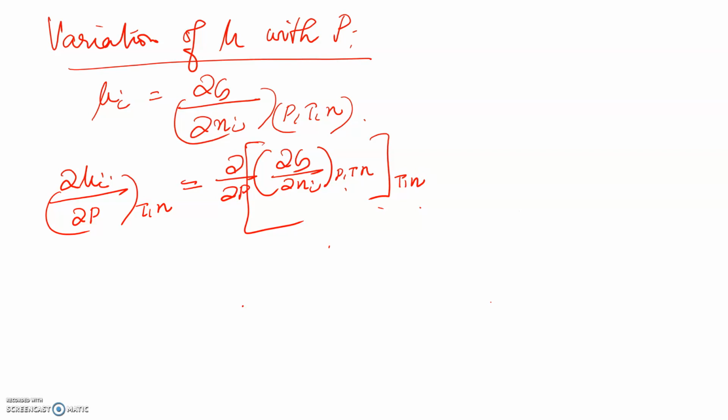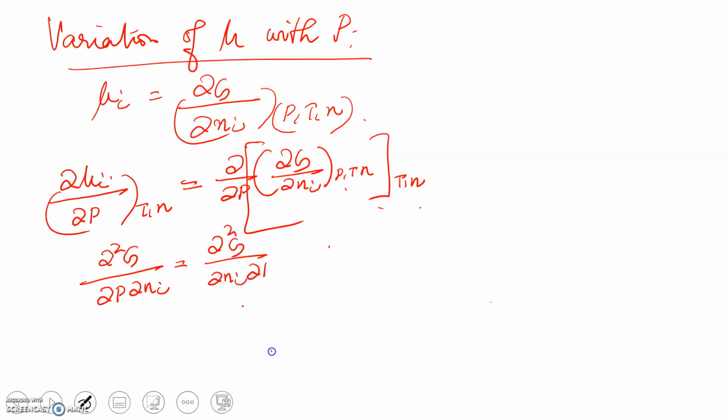Since G is a state function, the order of differentiation is immaterial. That means dou squared G by dou P dou Ni is equal to dou squared G by dou Ni dou P. I'll write this term again.